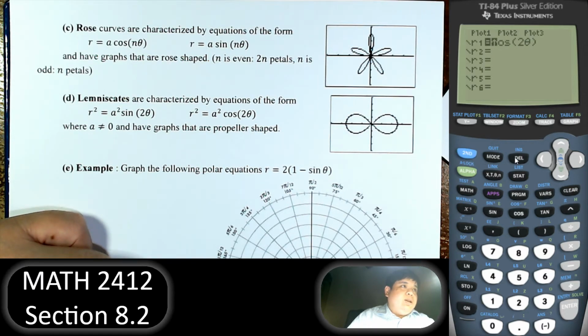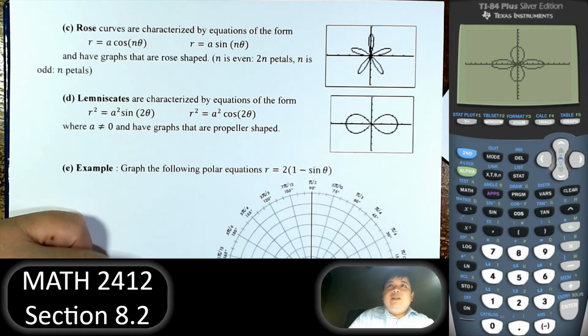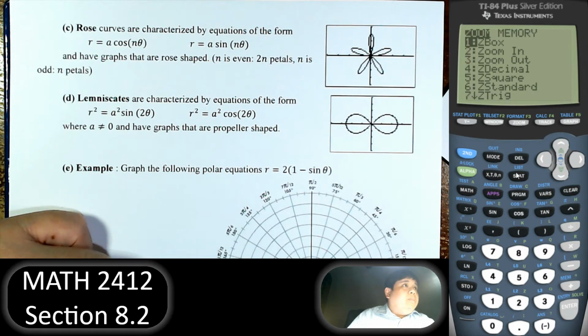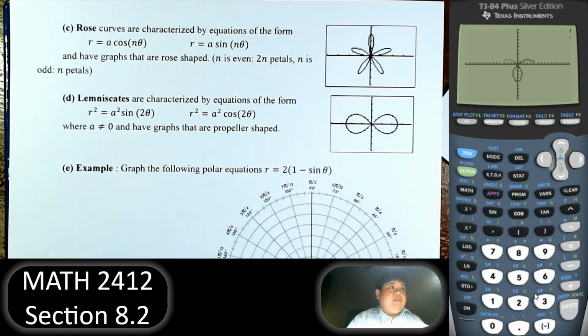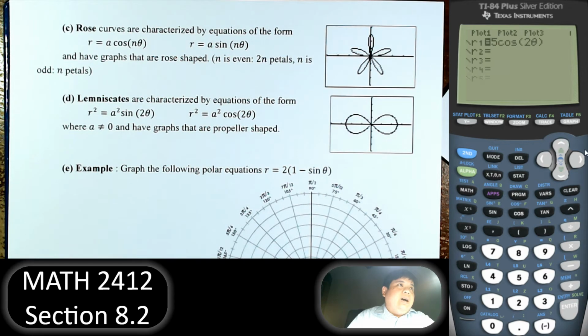Let's put 5 in it, so make it bigger. There, you see. Again, zoom number 5, so we have the same coordinates. So for 4 petals, choose n equal to 2. If we want 7 petals, if it is an odd number, we just use the same number.